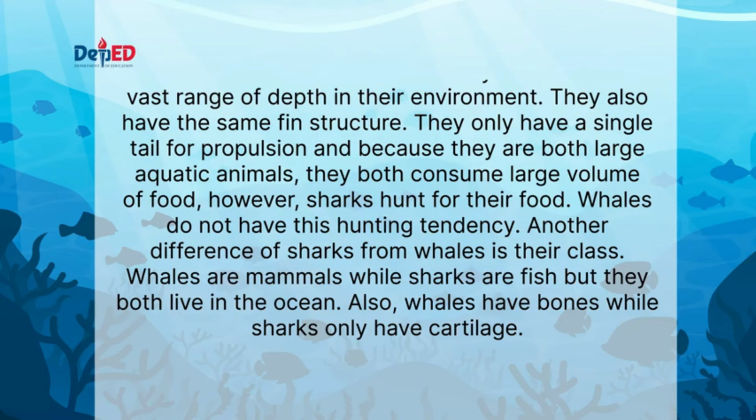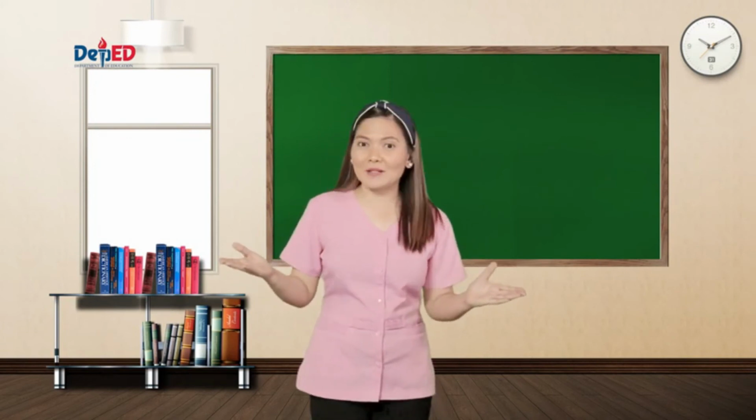However, sharks hunt for their food. Whales do not have this hunting tendency. Another difference of sharks to whales is their class. Whales are mammals, while sharks are fish, but they both live in the ocean. Also, whales have bones, while sharks only have cartilage. You have 30 seconds to answer this.